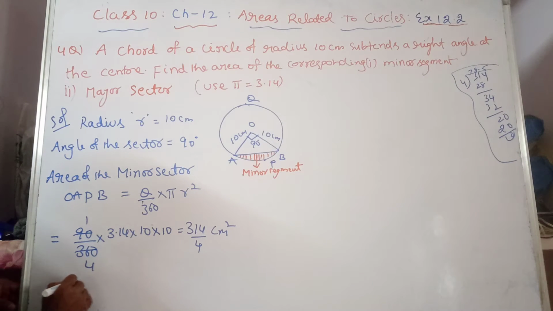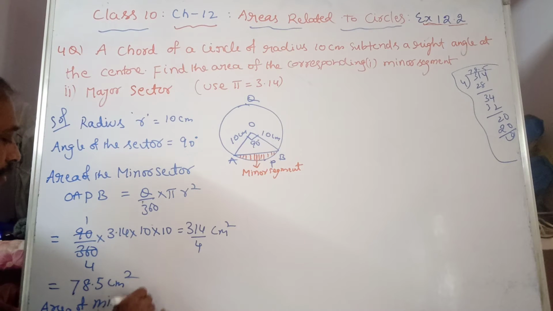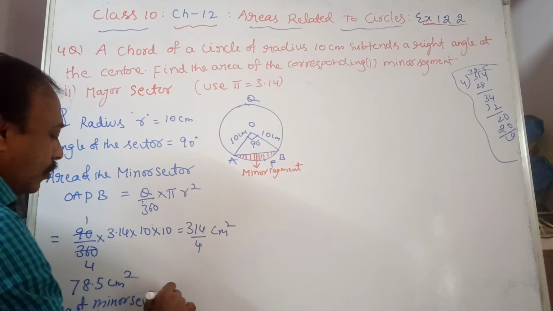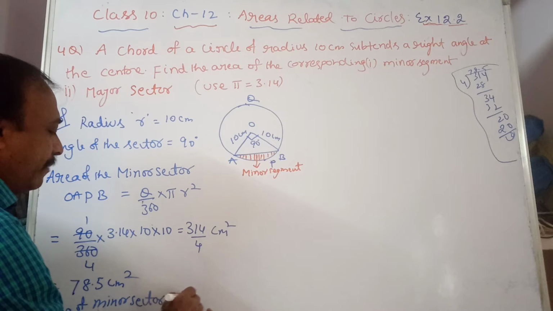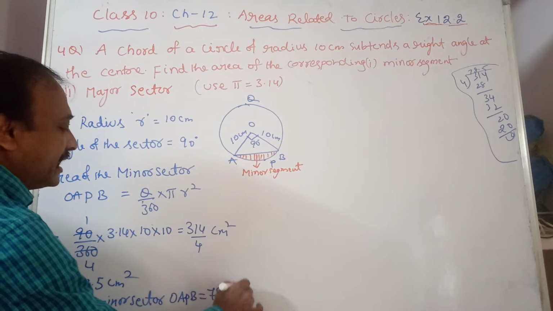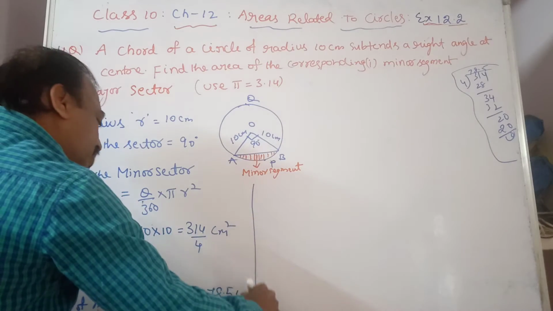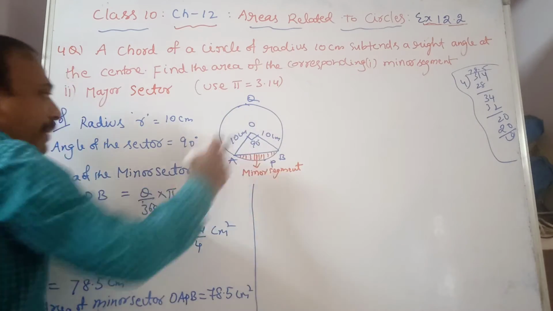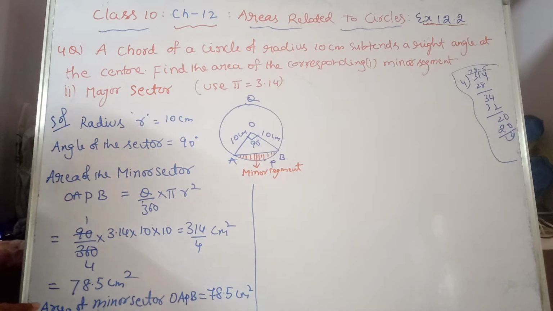This is the area of the minor sector OAPB, equal to 78.5 centimeter square. I hope you understood this part, OAPB, as the angle is given as 90 degrees.